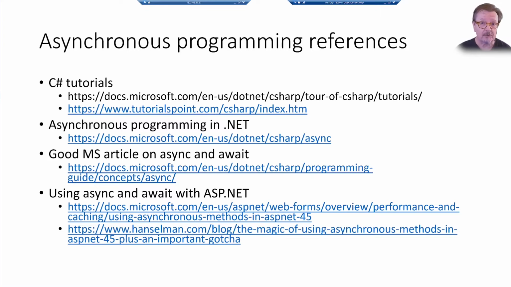Still challenging, though. So I encourage you to read about these asynchronous programming techniques using these links, and there's some C# tutorial links as well. And also note that you can use these techniques with your ASP.NET web form applications as well. But ASP.NET has sort of its own async engine, so there are some special case things you need to do.